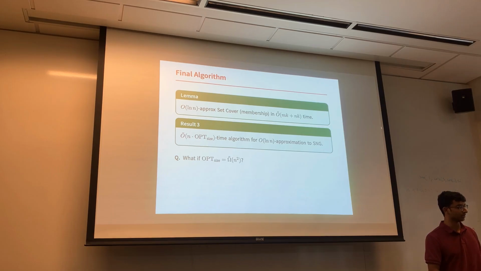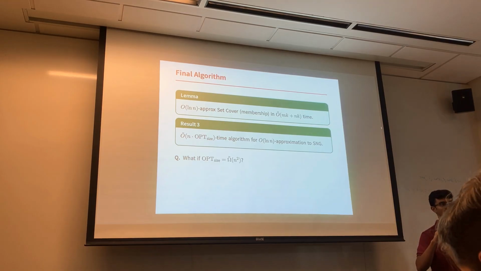Well, sorry, nk can be much smaller than opt size. So basically, from each source vertex, my time complexity would be n times the best possible degree of that particular source vertex. And all the sources are sort of disjoint conditions.